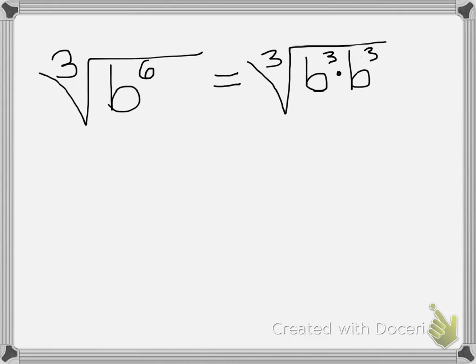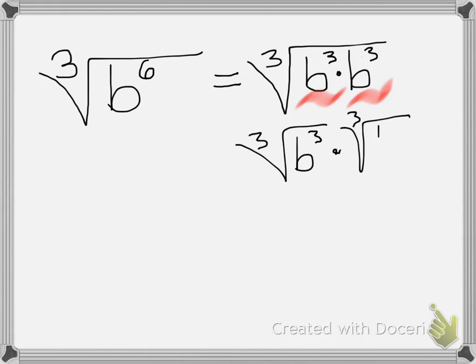So that means I could take the cube root of each one of them. That's the same thing as saying the cube root of b cubed times the cube root of b cubed. Well, I already know the cube root of b cubed is b, so the answer must be b squared.